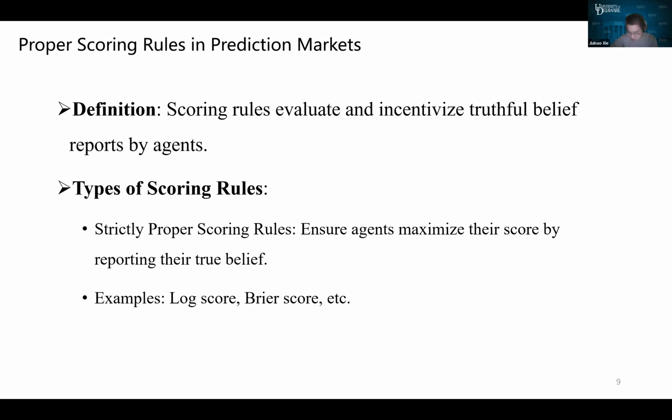There are a few common examples of strictly proper scoring rules, including the log score and the Brier score. These scoring rules assign higher points for accuracy and encourage agents to be truthful, which is essential because we want the crowd's consensus to be as accurate and representative as possible.